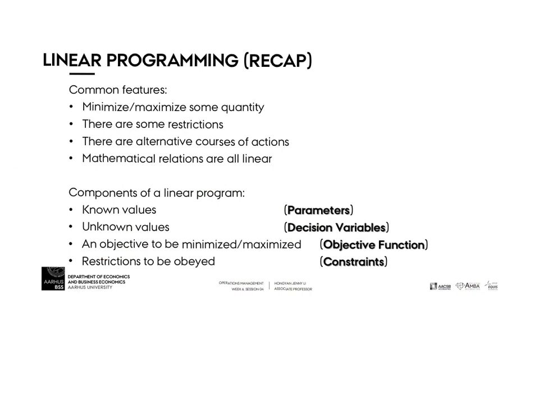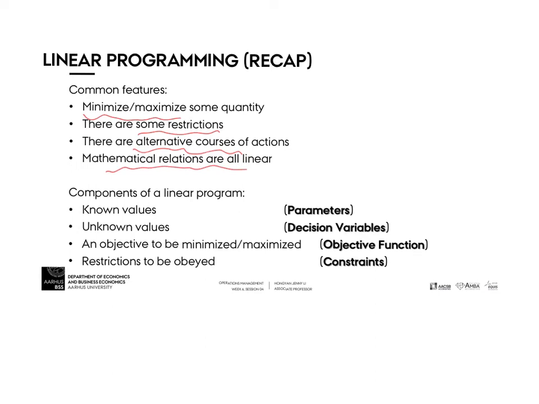So here is a quick recap of the linear programming formulation. The common features: we normally deal with a minimize or maximize problem, and there are some constraints or restrictions for your decisions, and there are alternative courses of action. You can actually make different kinds of decisions, and the mathematical relations are all linear.